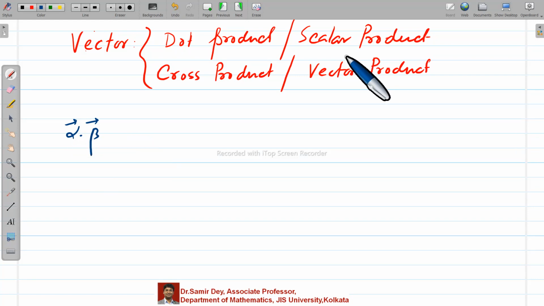That is the scalar product also. Alpha cross beta is called the vector product from alpha to beta. So we want to use this concept to solve some problems.